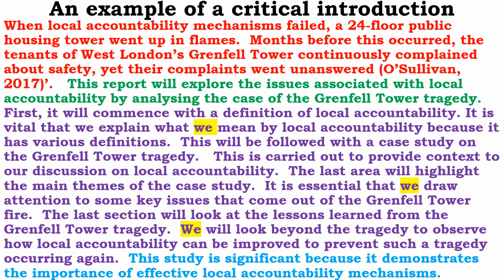What purpose do they serve? And we've ended the paragraph in blue by looking at the significance of this essay. So we can see how these four parts work in tandem with one another to set the critical tone of your critical essay.